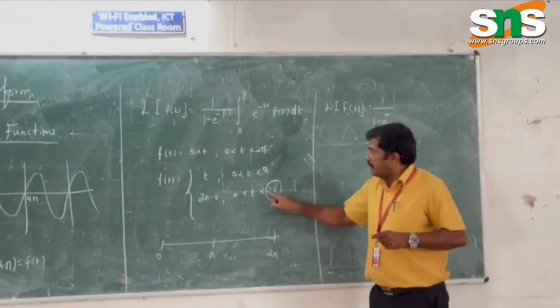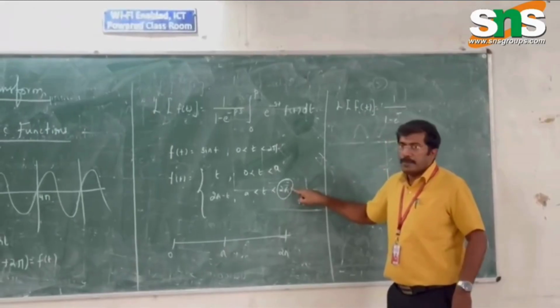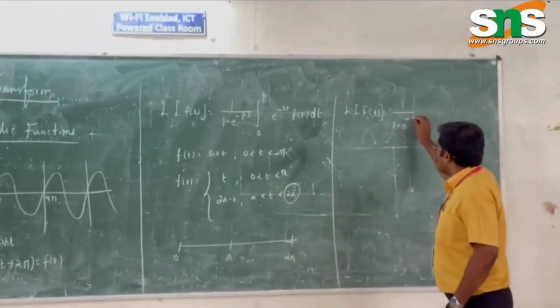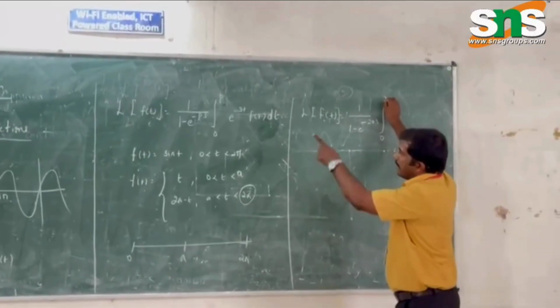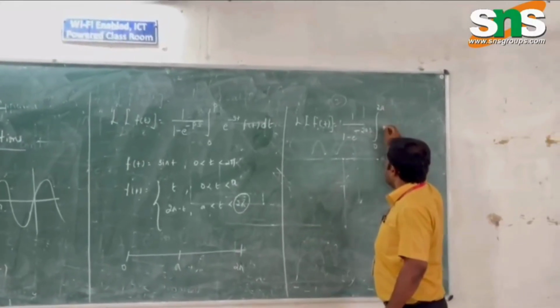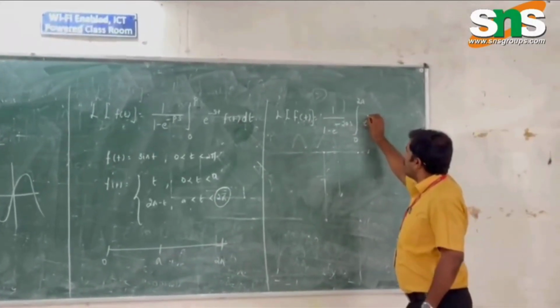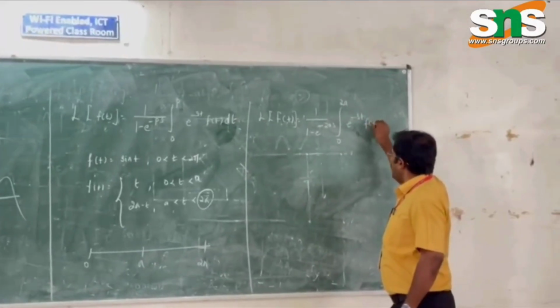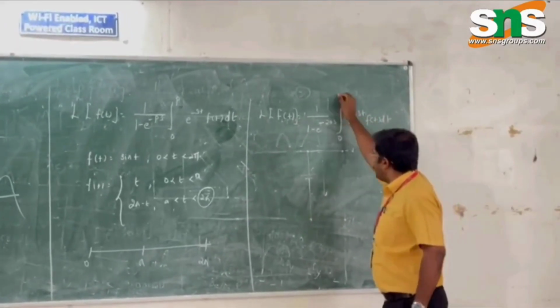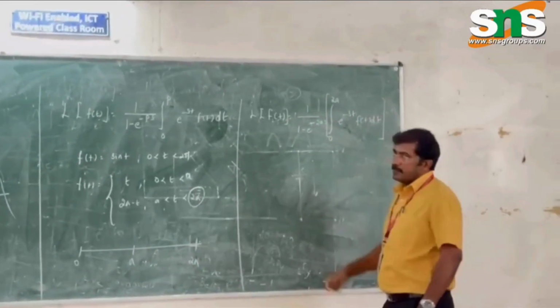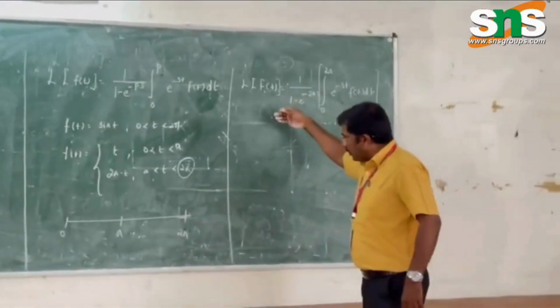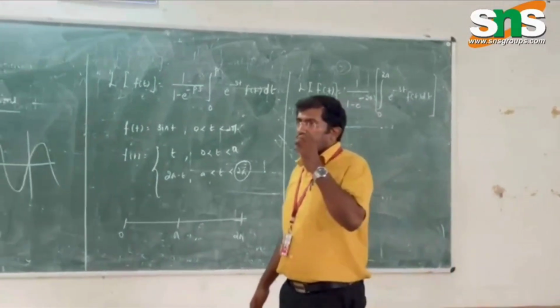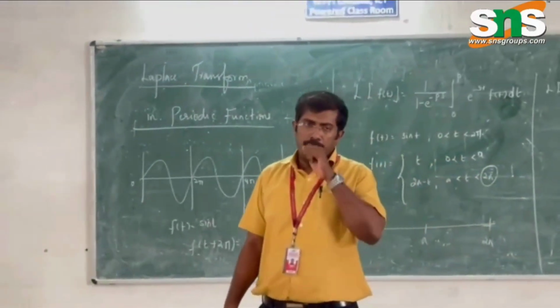What is the period here? 0 to a to 2a. That's the ending period, 2a. So it is 1 by 1 minus e power minus 2as, integral 0 to 2a, e power minus st f of t dt. Again this part you can split, and you can evaluate to get the required result.